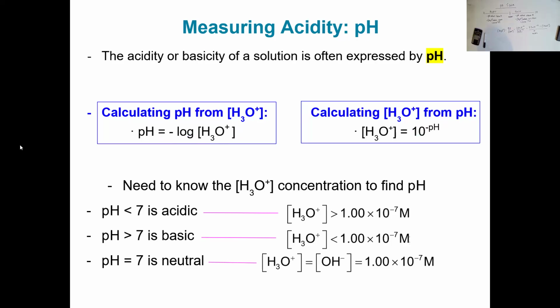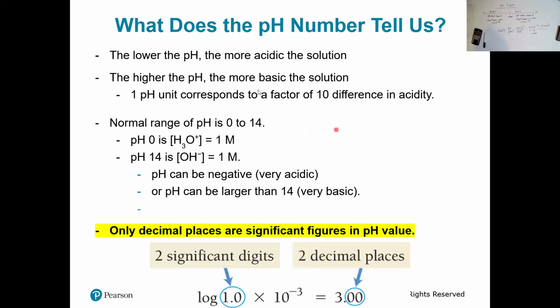So let's look at this in action a little bit. What we're going to see is that the lower our pH value is, the more acidic our solution is. The higher our pH is, the more basic our solution is. You'll also see that every 1 pH unit is going to correspond to a factor of 10 in terms of the acidity. Okay, the normal pH range is 0 to 14.